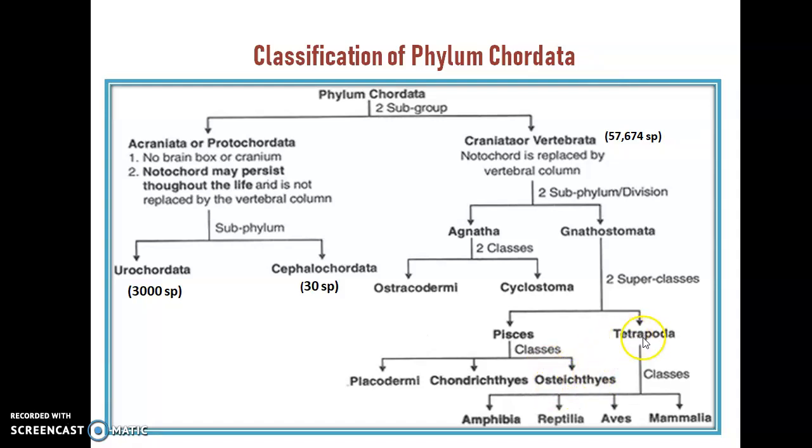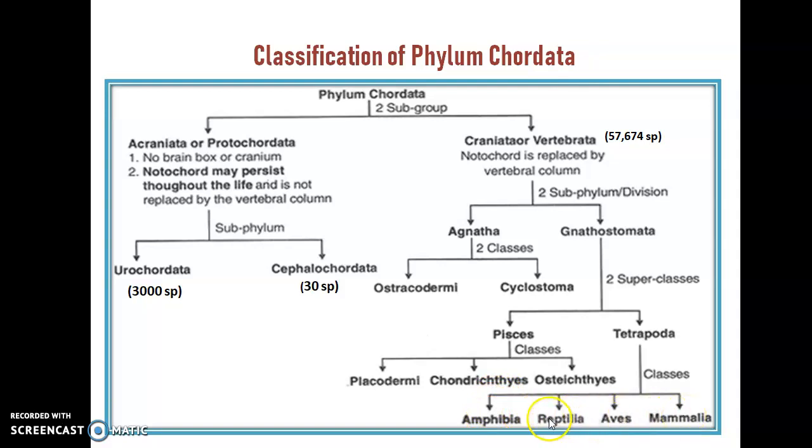Then Tetrapoda: tetra means four, poda means limbs. Four-limbed organisms come under this superclass, and they are classified into four classes: Amphibia, Reptilia, Aves and Mammalia.